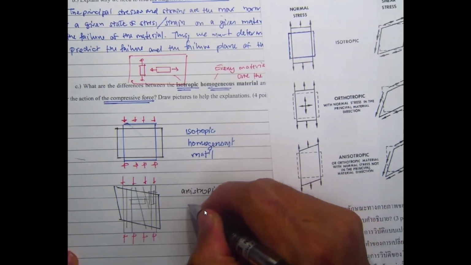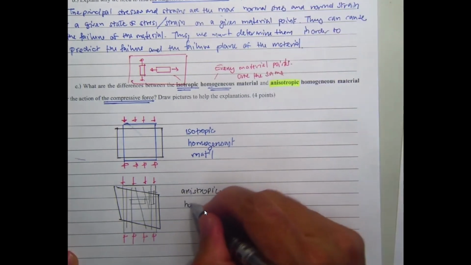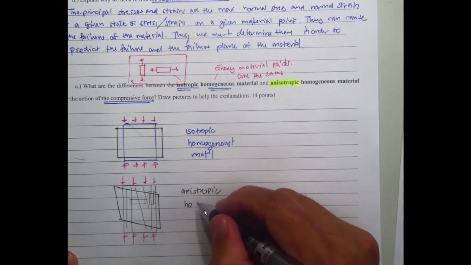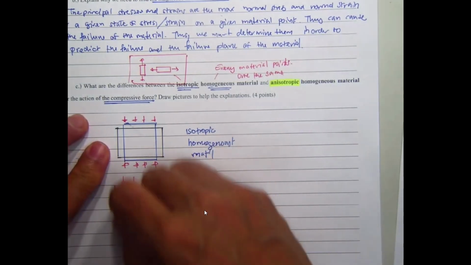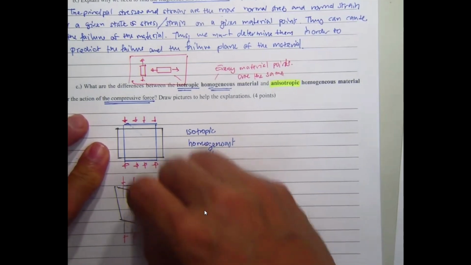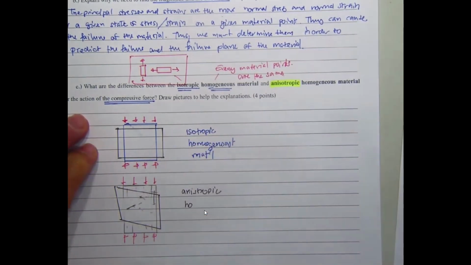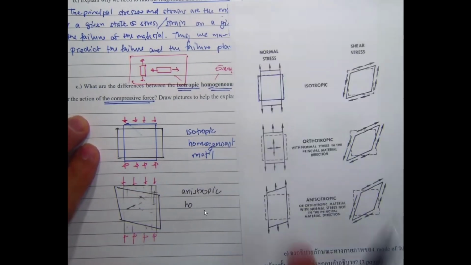Also, this one is going to be anisotropic, and this one homogeneous, right? If it's homogeneous, the direction may be just in parallel. It should be close to isotropic material, but the behavior is going to be something close to this one.